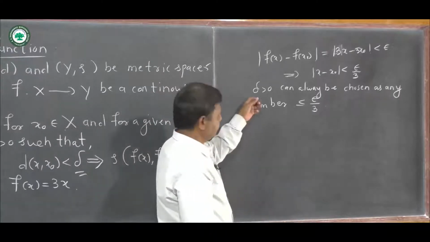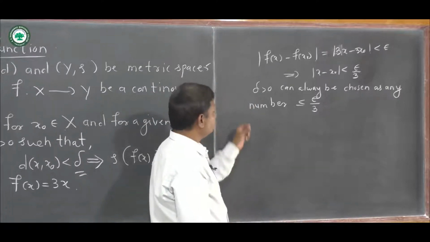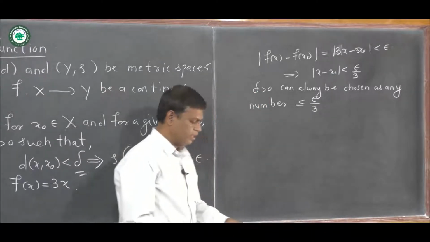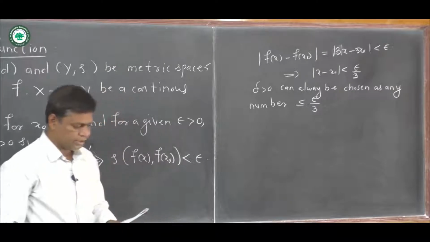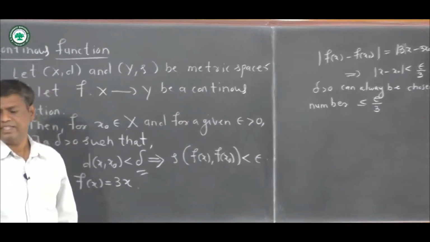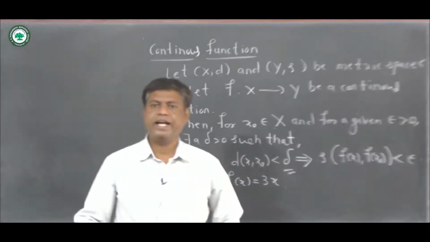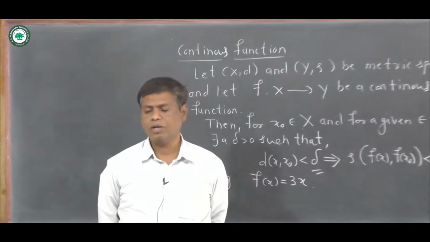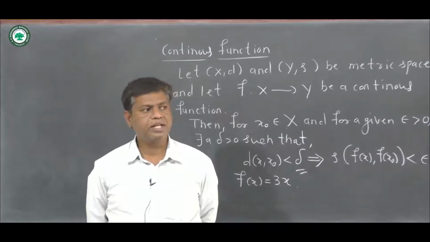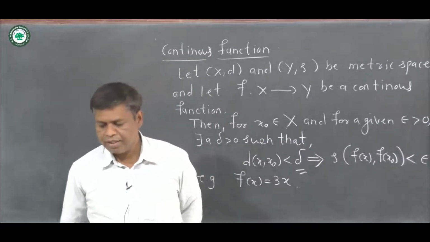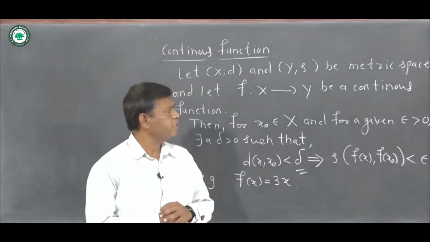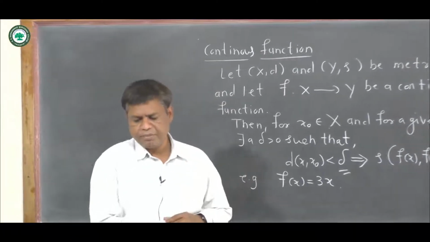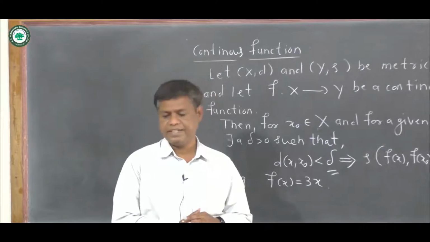That is, it may be necessary to take a smaller delta greater than 0 to satisfy the requirement of this definition. So in this way we observe that delta in general may depend not only on epsilon but also on x naught here.